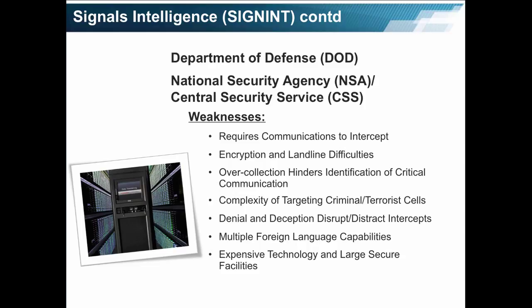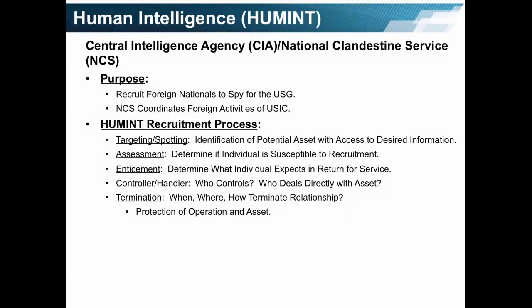Denial and deception disrupt and distract. Intercepts may not be that reliable if they are needed almost immediately, because they need corroboration. It requires multiple foreign language capabilities, including harder to acquire local dialects, and it requires expensive technology and large secure facilities.